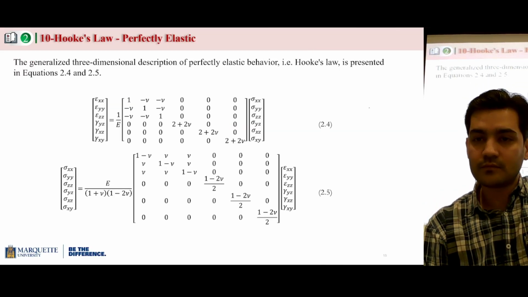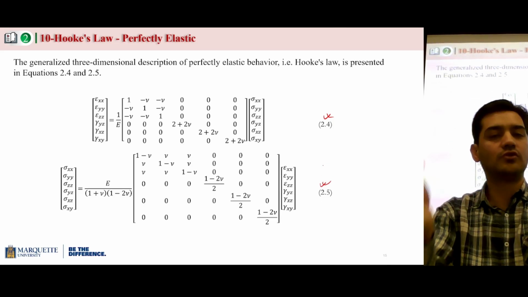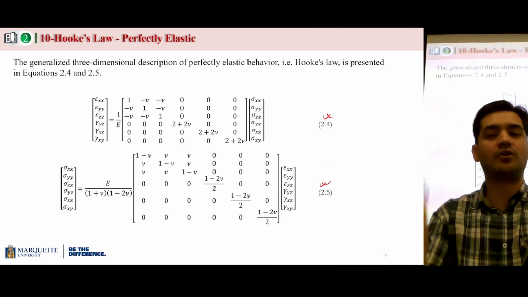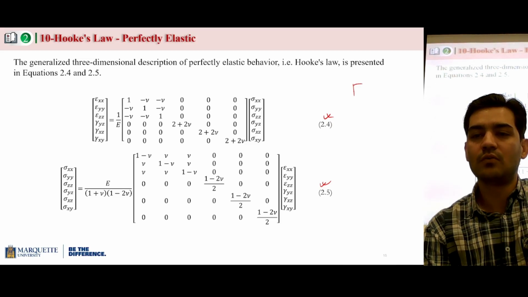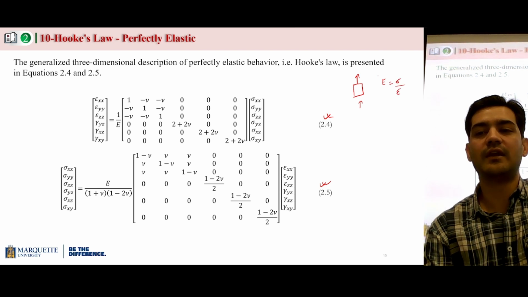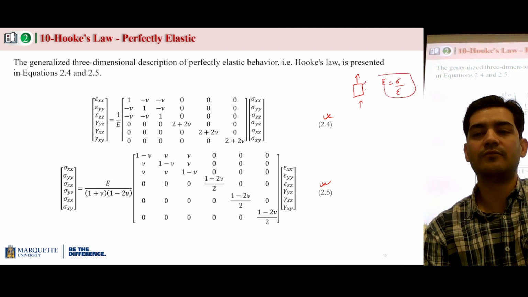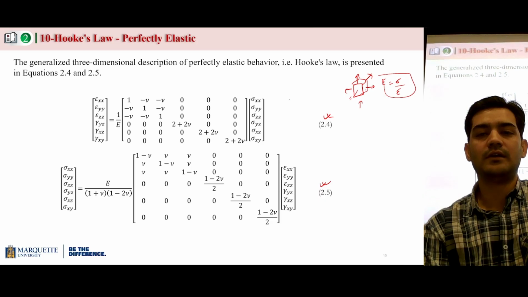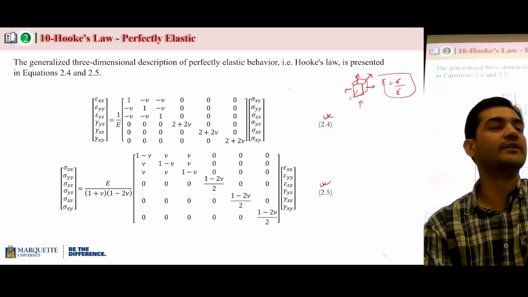And these are two equations. These are also equations for Hooke's law, but if you consider all the forces. Before, I applied one force, and we calculated modulus of elasticity as stress over strain. But what happens if it's three-dimensional and you apply forces in all different directions? Then you have stresses in different directions.